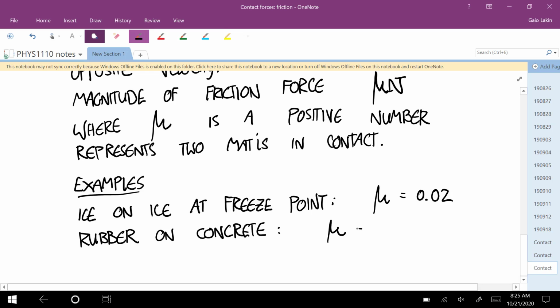And the mu value for rubber on concrete is, like I said, it can vary for the different types of rubber, but it's somewhere around 0.75. Okay, so in order to figure out the magnitude of the friction force, you take this mu value that represents the two materials and you multiply it by how hard these two surfaces are being pushed together. That's the normal force, and that gives you the friction force.